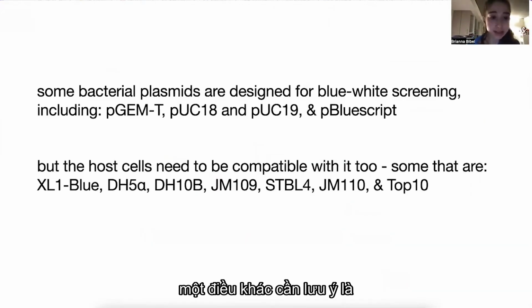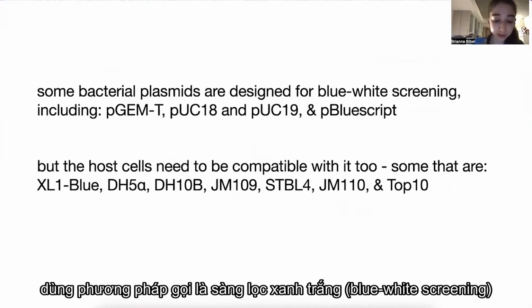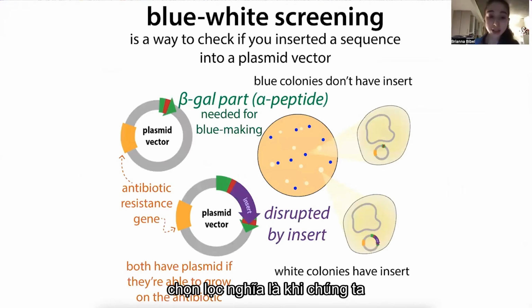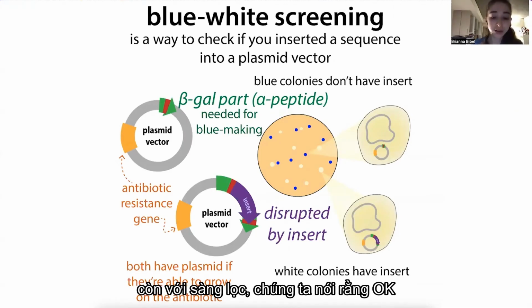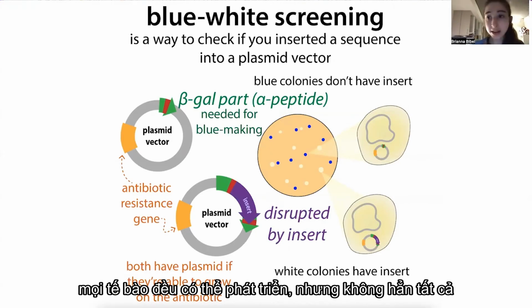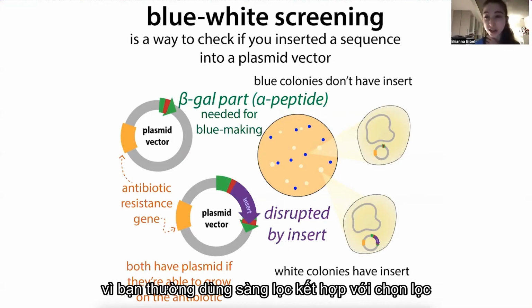Another thing to keep in mind is that with some bacterial plasmids, you can use something called blue-white screening. Selection was when we were saying, okay, only cells that have this feature can grow. With screening, we're saying, okay, anything can grow. It still has to have the antibiotic, because you're typically using this in combination with selection.